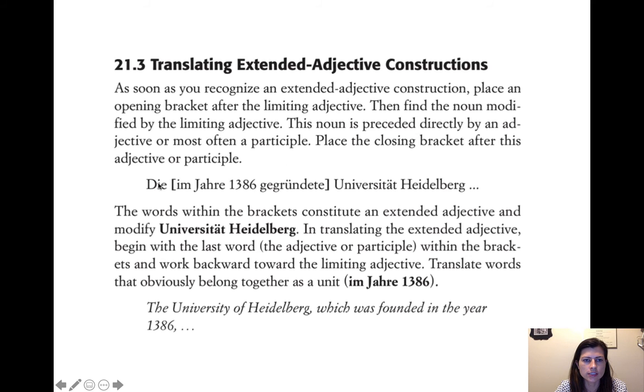See how it's just die, and then it's just an adjective construction. We're going to leave it alone for now so that we recognize that die actually belongs to Universität Heidelberg. That way we can see our adjective construction hanging out in isolation. It's a little island, and that way we can see what's happening in it a little better.